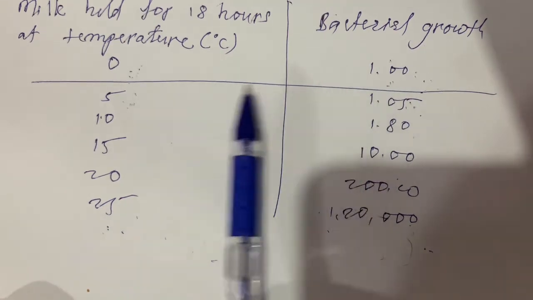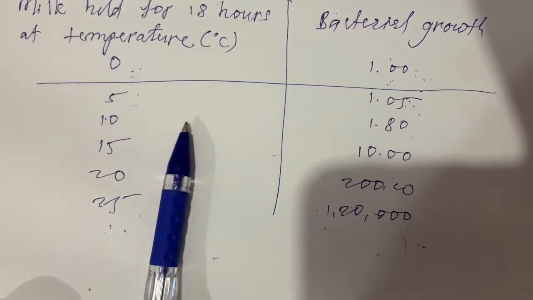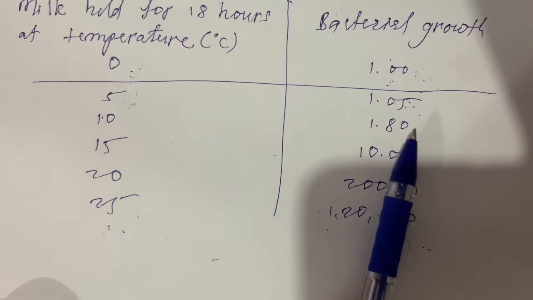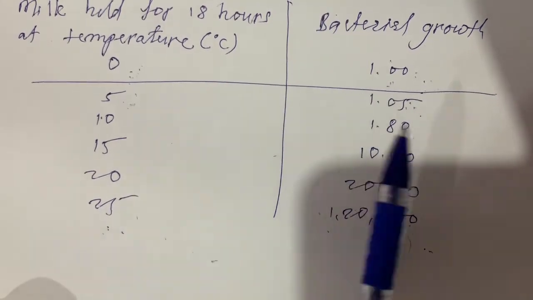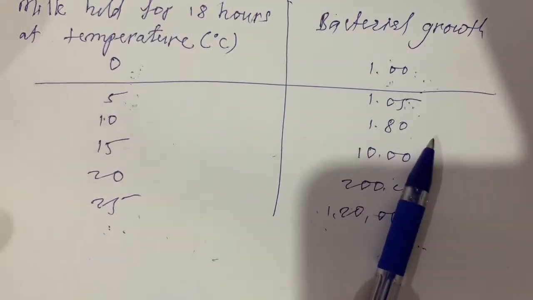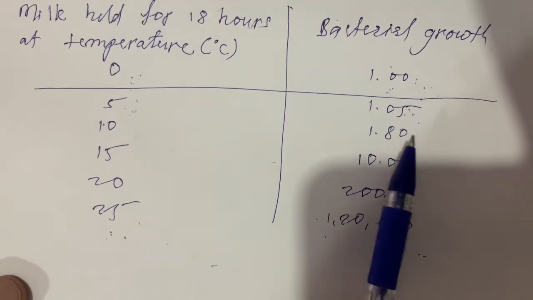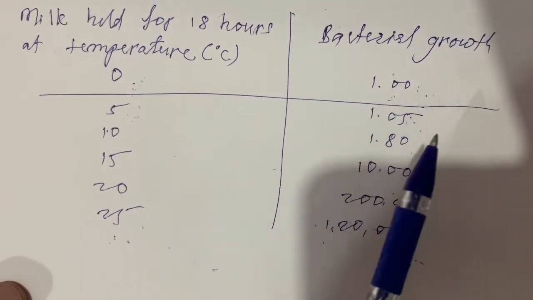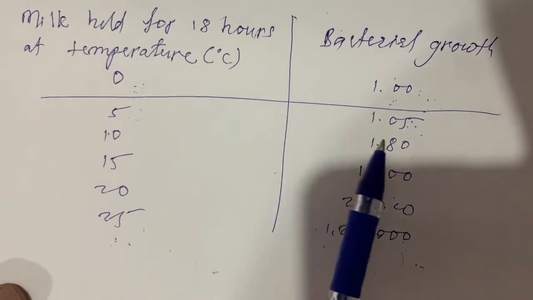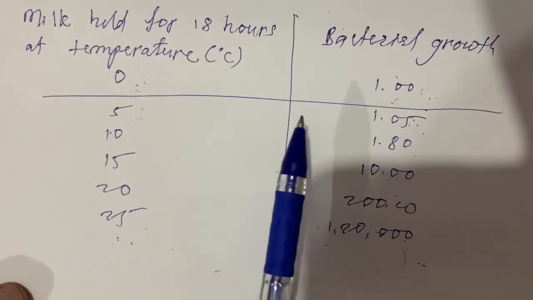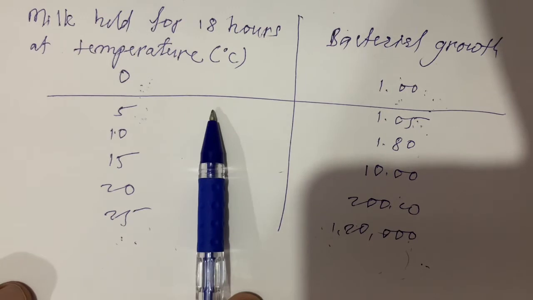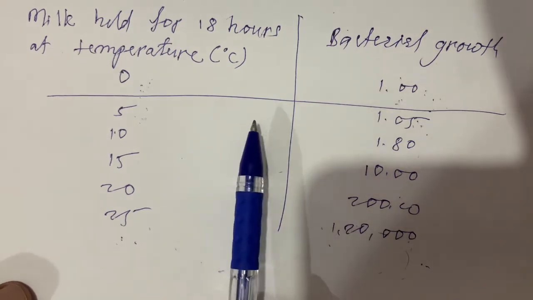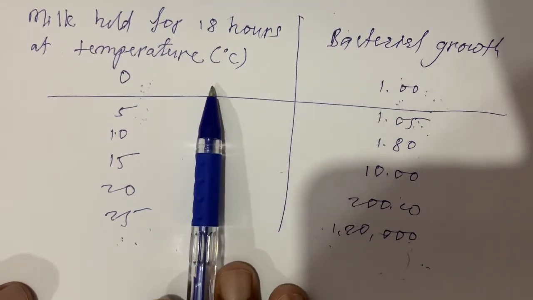Okay. So, in this way it becomes necessary to store milk at low temperature. Okay. So, this is about the importance, why milk is stored at low temperature. This is the reason for storing the milk at the low temperature.